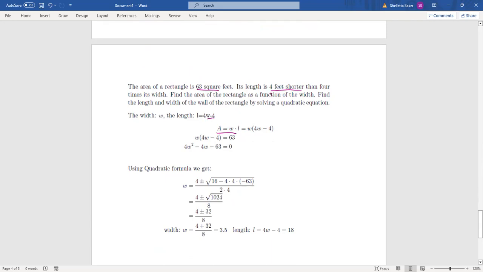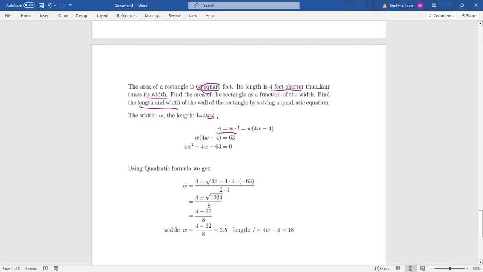We want to use that information to find the length and width. So we multiply 4 times the width, and then we subtract 4 from it.